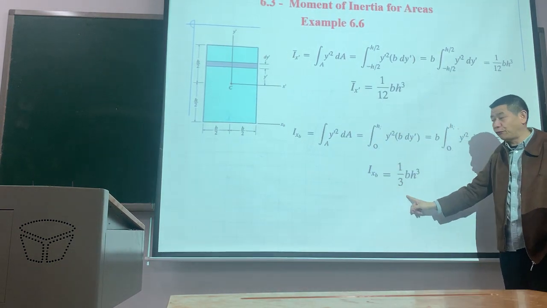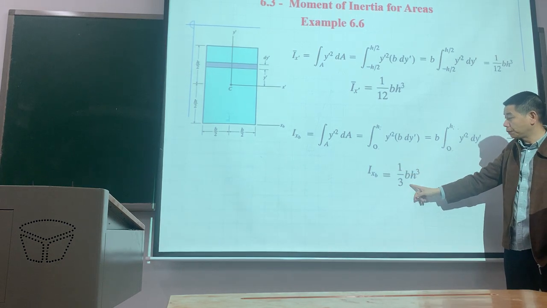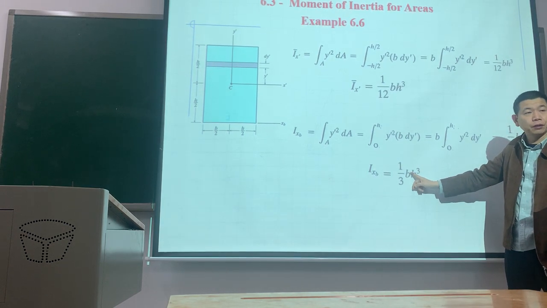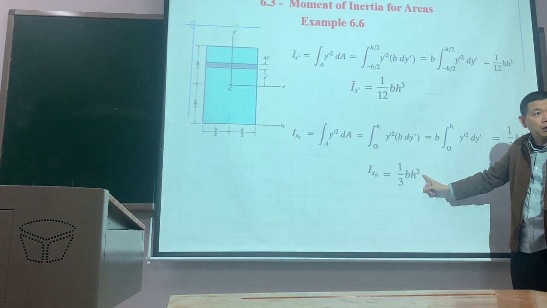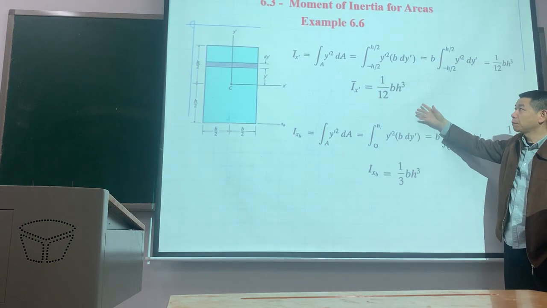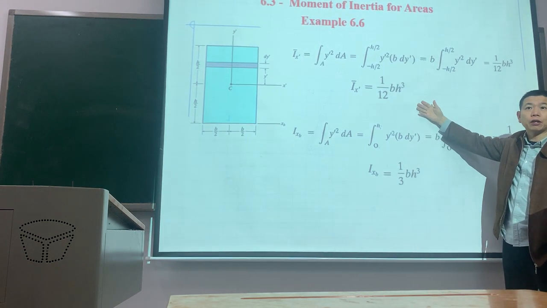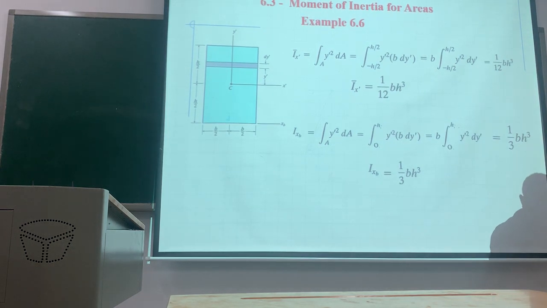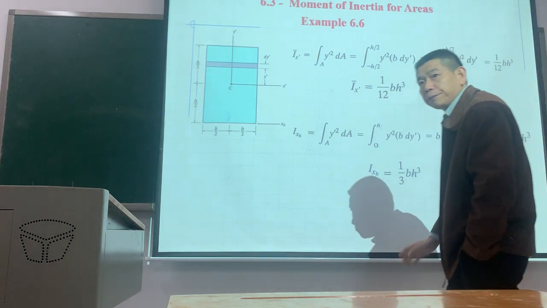The moment of inertia is 1/3 b h to the third power. So we know the moment of inertia is dependent on the x. If the x is different, the moment of inertia is different. Understand?